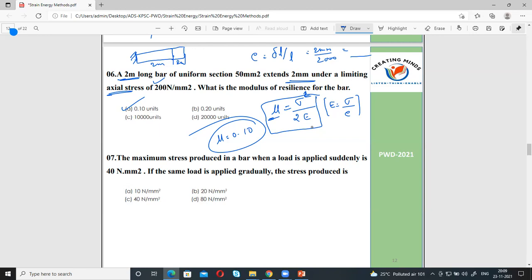The maximum stress produced in the bar when a load is applied suddenly.